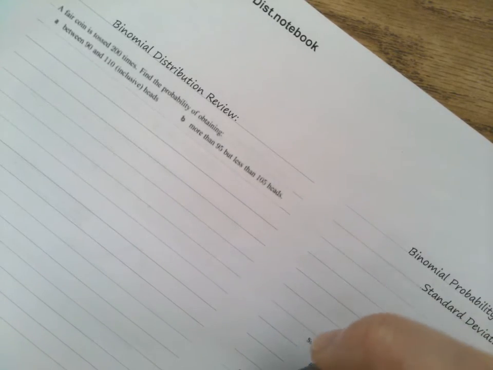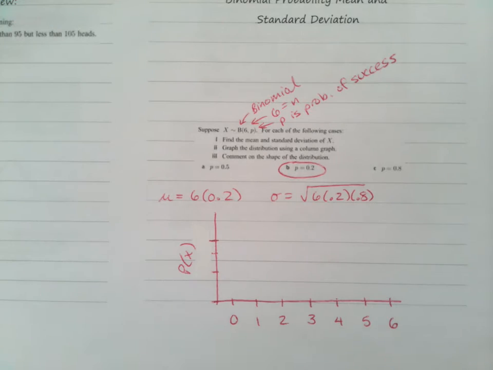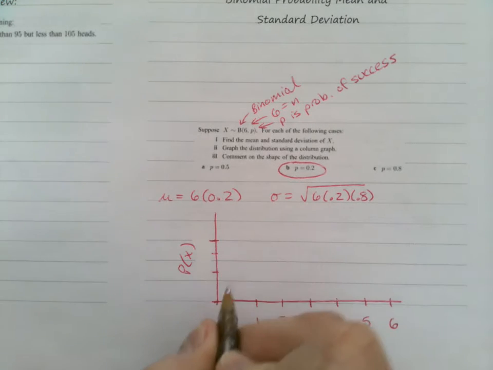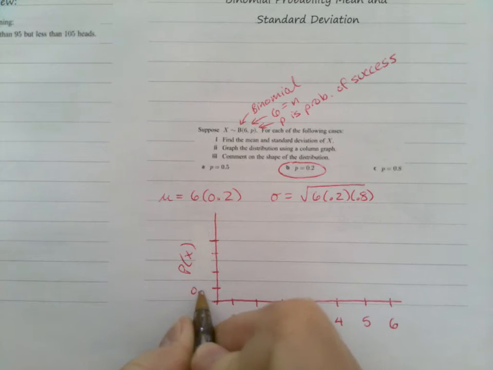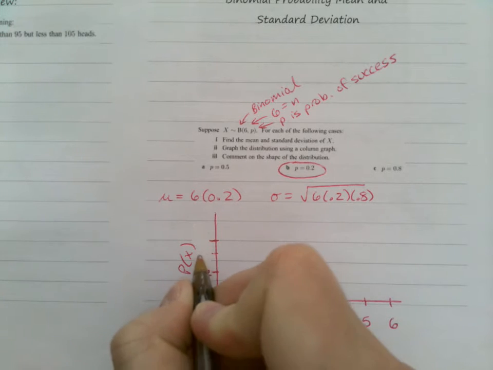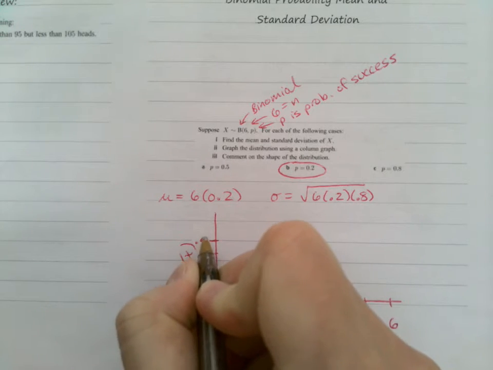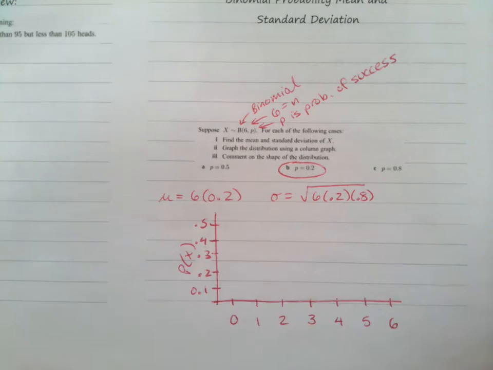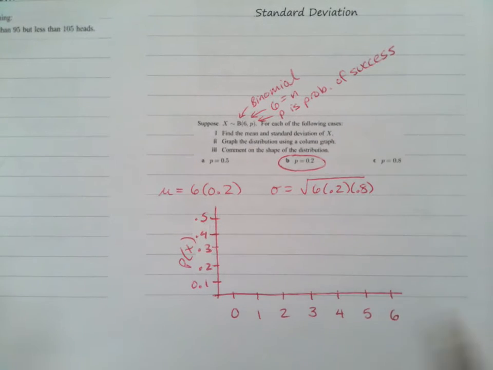I should have worked from the bottom up. That's okay, easy fix. 0.1, 0.2, 0.3, 0.4, 0.5. And what we're going to do is find the probability of 0 successes, 1 success, 2 successes, 3 successes, 4 successes, etc.